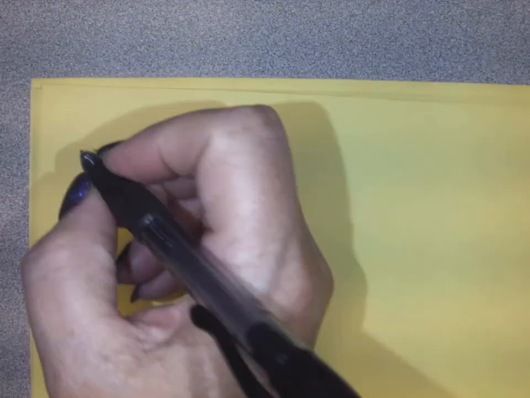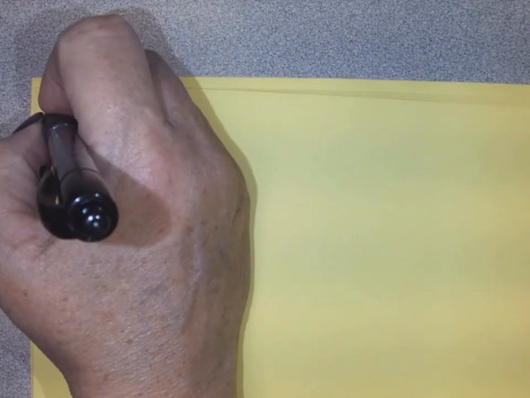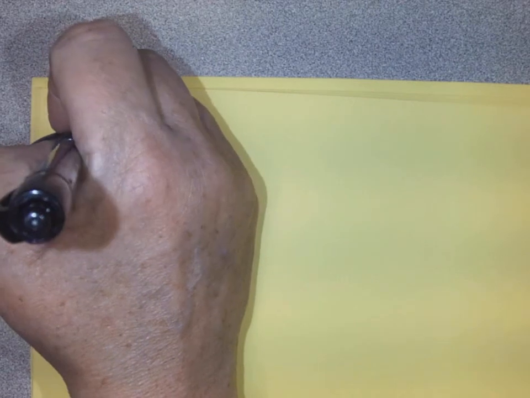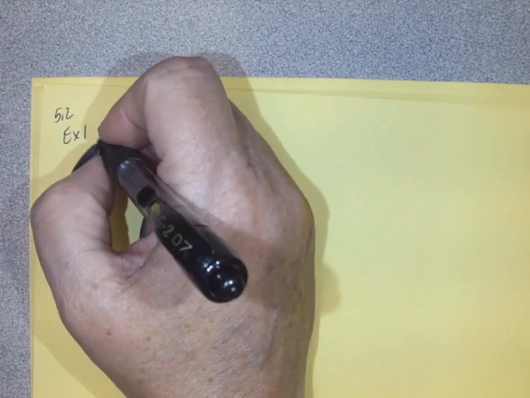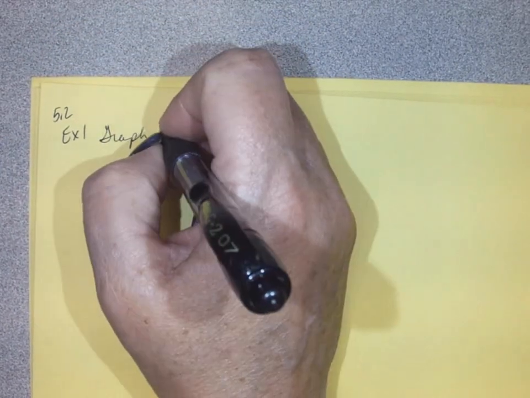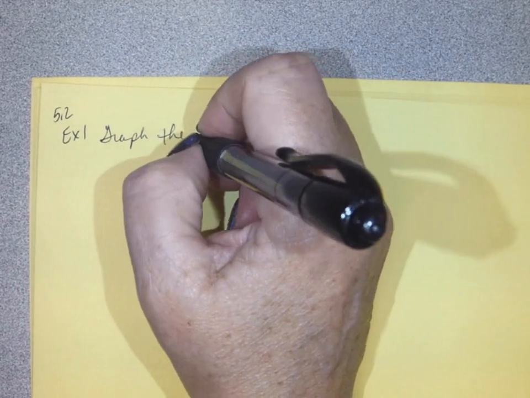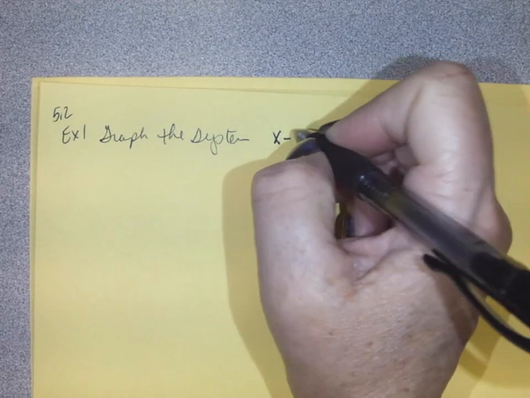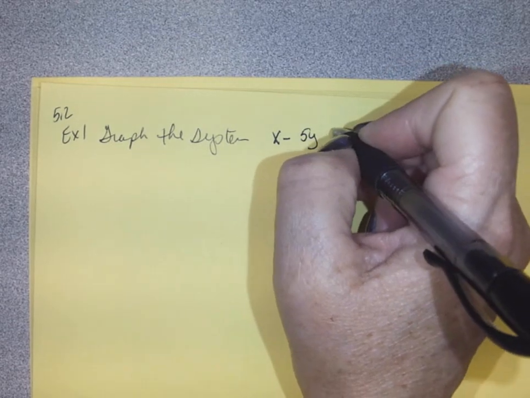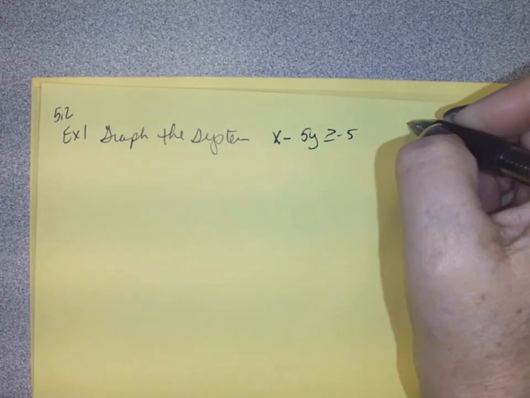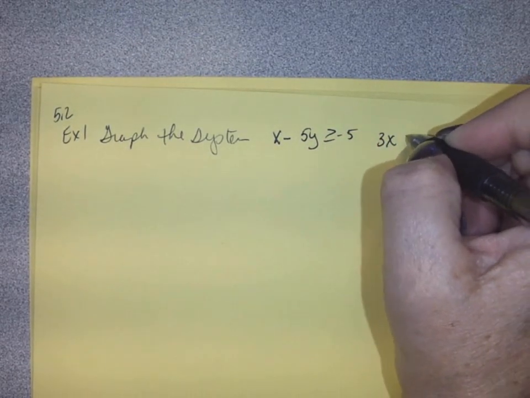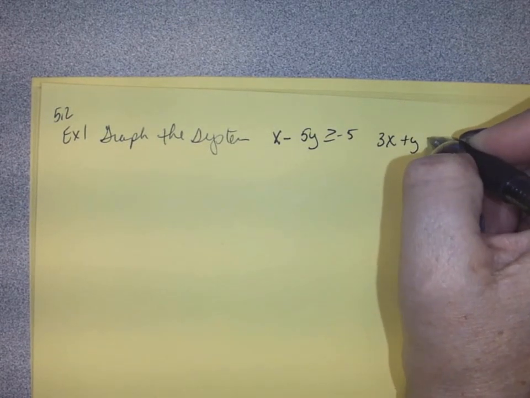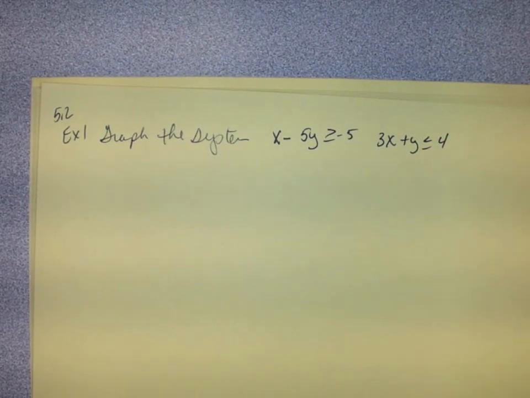All right, so this is 5.2, example 1. We're going to graph the system. We're given x minus 5y greater than or equal to -5, and 3x plus y less than or equal to 4.